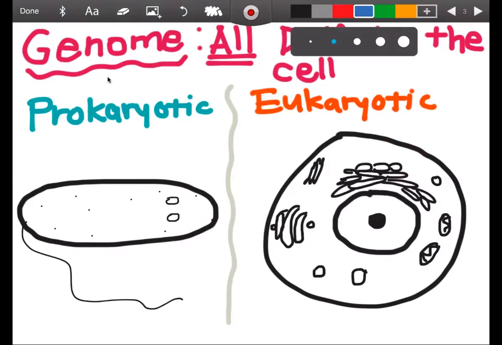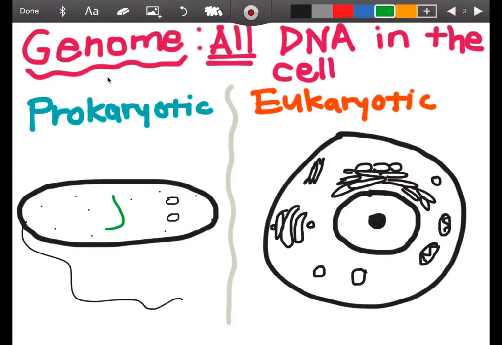Please bear with me, I have to use my finger to draw all of these. If you need me to rewrite anything, just let me know. In your prokaryotic cells, you will find a single loop of double-stranded DNA, and usually it's in the form of a circle. This is not really a great circle, but you get the point.